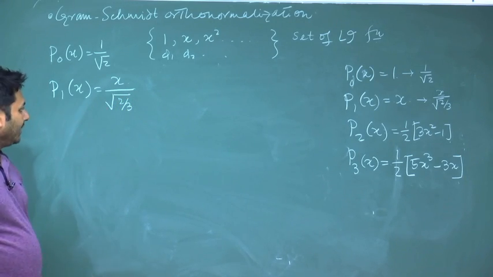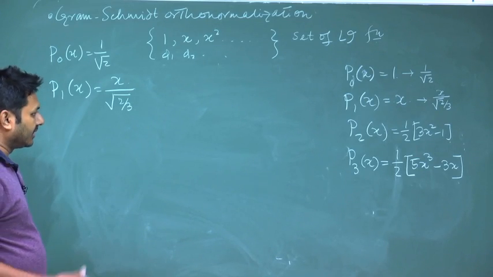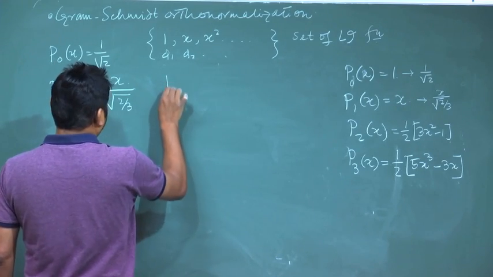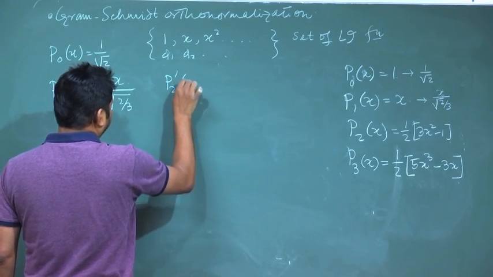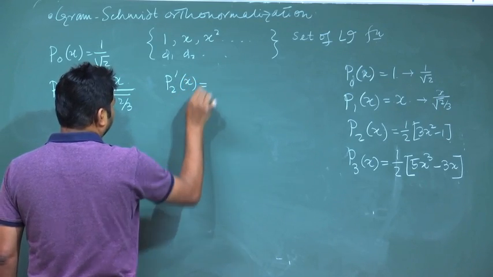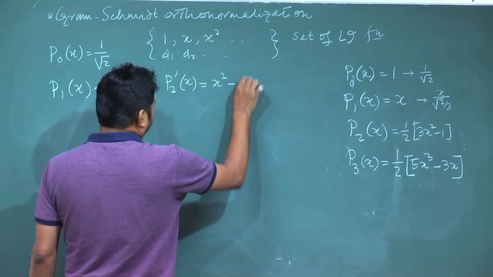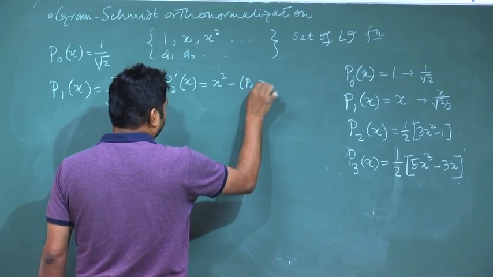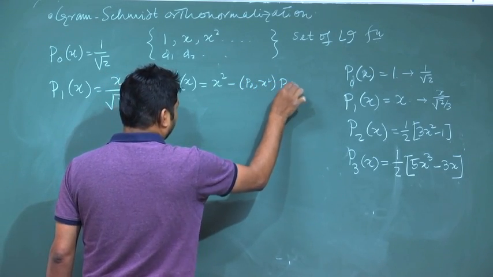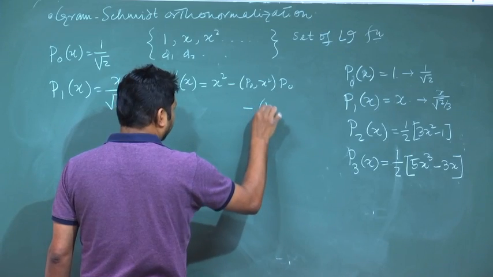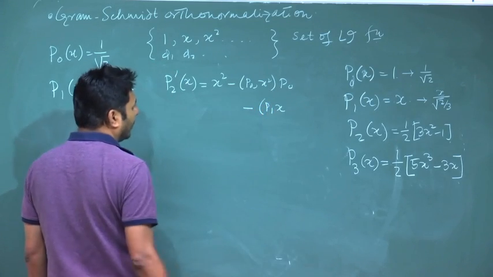In a similar way, I can find the third term. Let me do that quickly. My p2 prime x is how much? x square minus the inner product of x square with p0 times p0, minus the inner product of x square with p1 times p1.